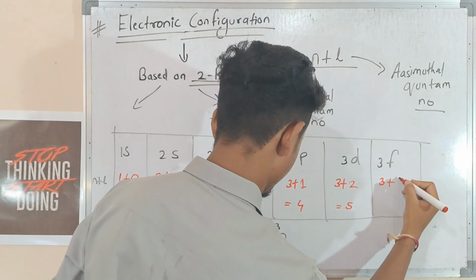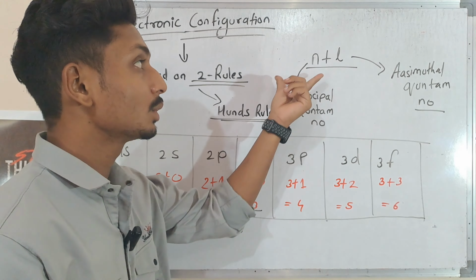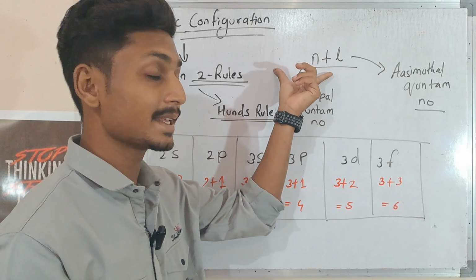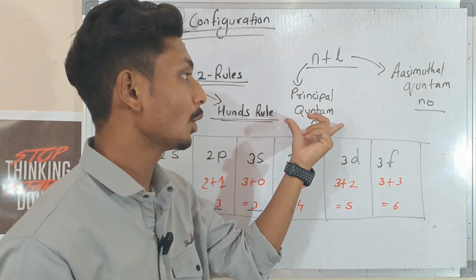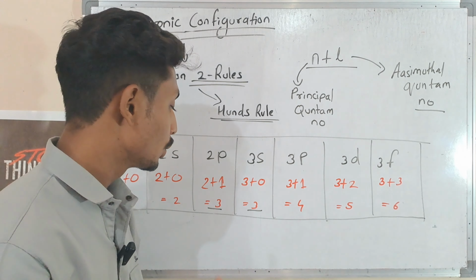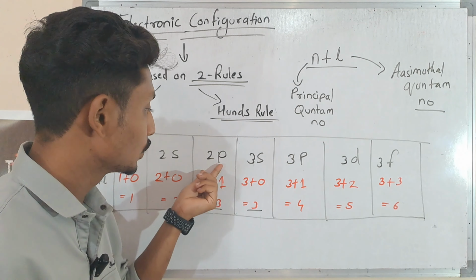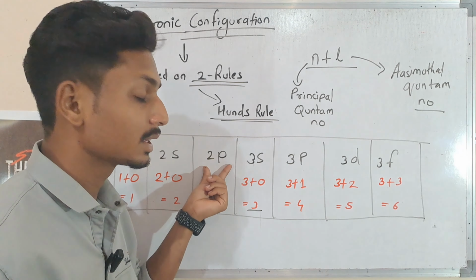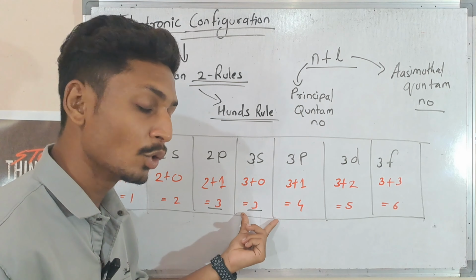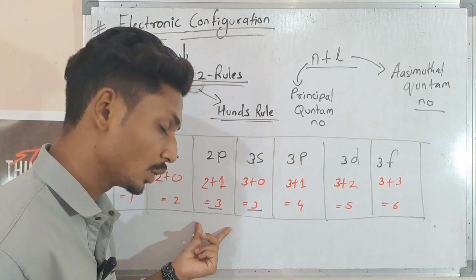Here is a tie between 3s and 2p. When we use the n plus l rule and get a tie, we take n as dominant, not l. The one whose principal quantum number is greater has more energy. 3 is greater than 2, so 3s has more energy than 2p.